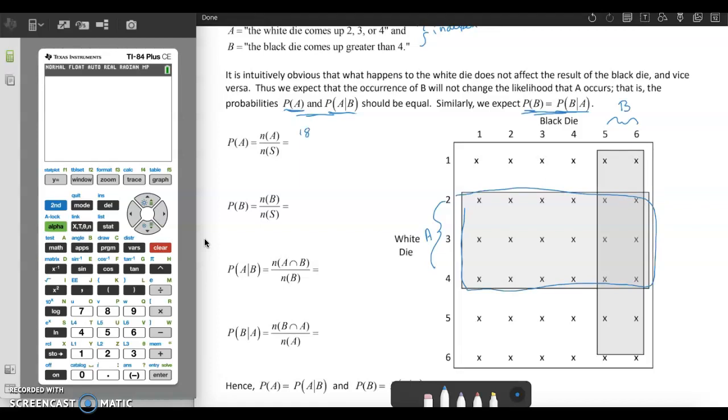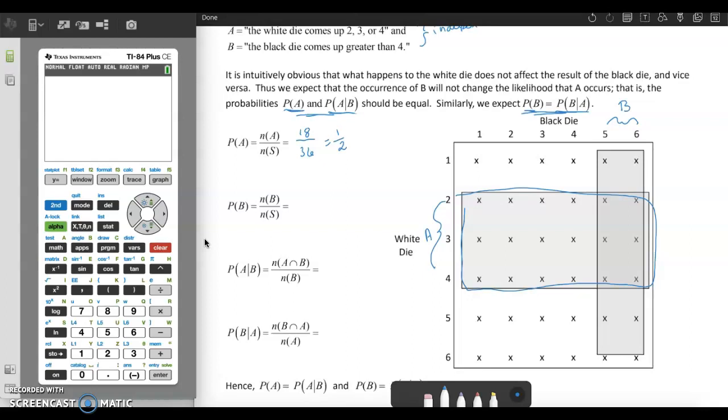So there are 18 different results for your white die landing on a 2, 3, or 4 out of 36 total possible outcomes, because again, we're rolling 2 die, so there are 6 times 6 or 36 different outcomes. And we can reduce that down to a half. That makes sense because 2, 3, and 4 are half of the options out of 1 through 6. So if we're just talking about one of the die, that would be a half.